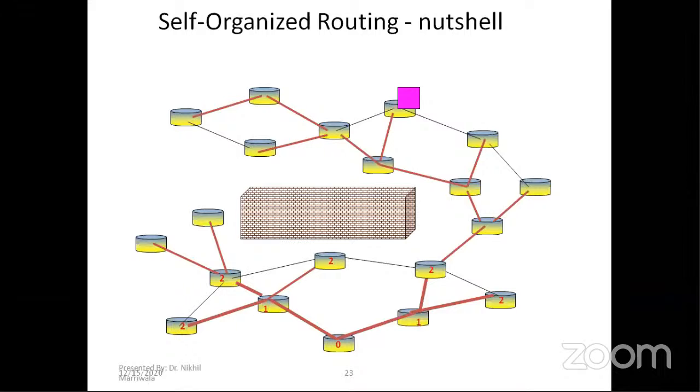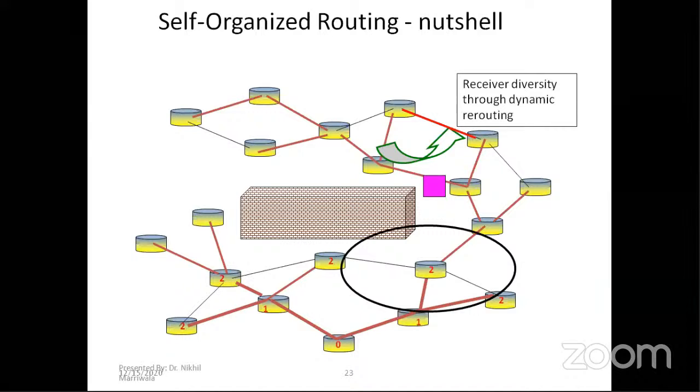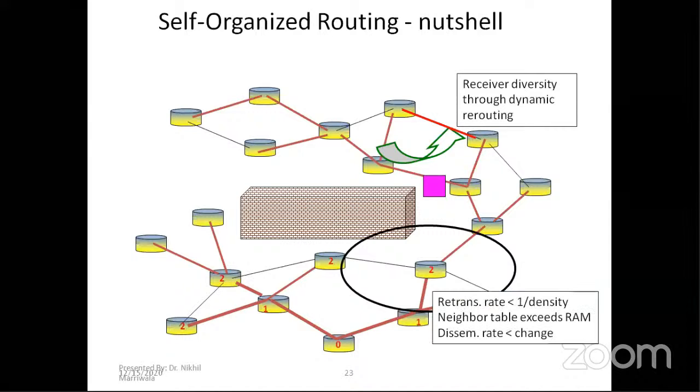Now what would happen? The packet has to be sent from that particular point to 0. So how will it go? Have a look. It has reached. So it is just self-organizing. Easily it can be explained. Receiver diversity through dynamic rerouting restrains the density of this particular table in the RAM.